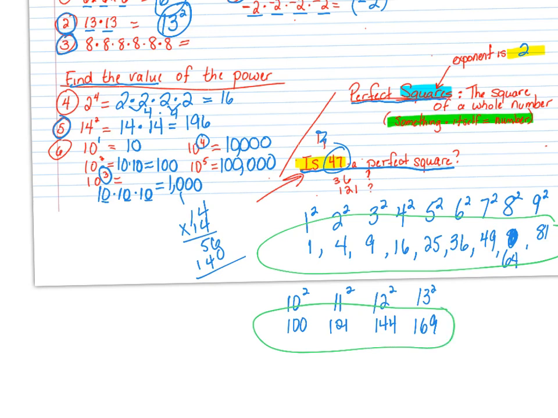Do you see 47 in there? It's not on the list. So is 47 a perfect square? No. What about 36? Is 36 a perfect square? Well, look, you see it right there. That means, yes, it is, because it came from 6 times 6. What about 121? Look on your list. Oh, there it is. That would be another yes.